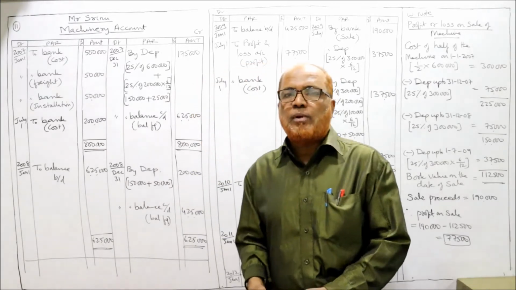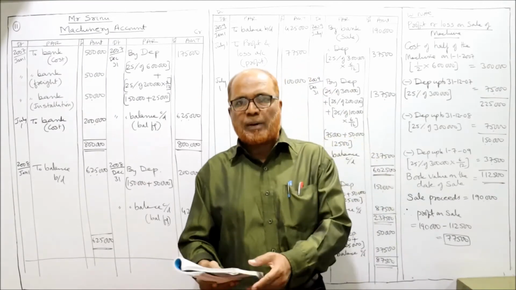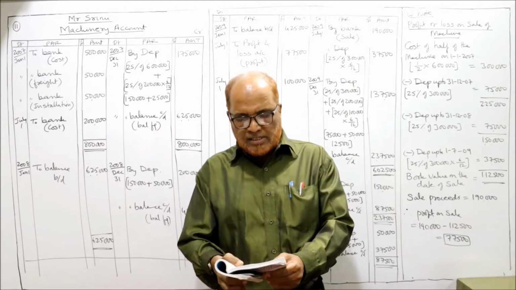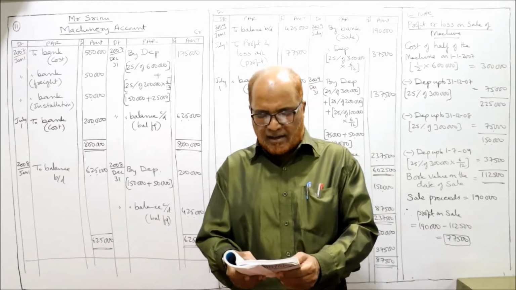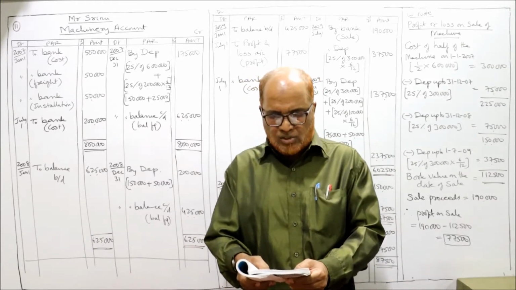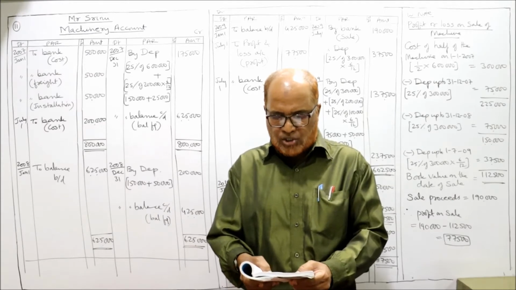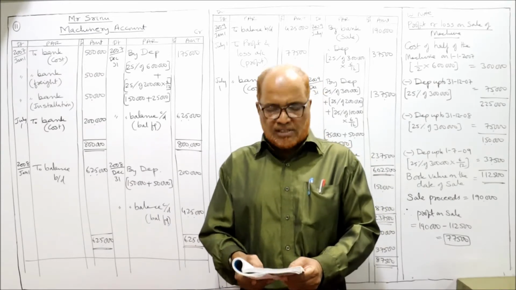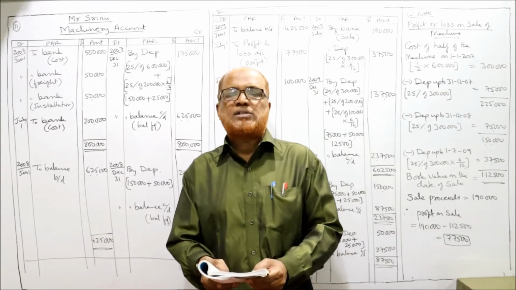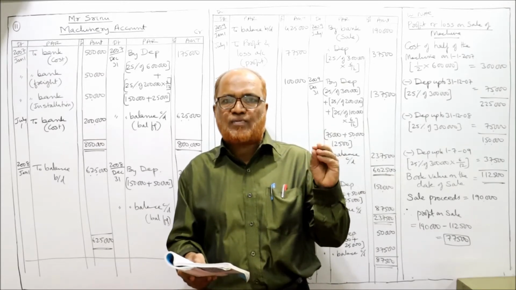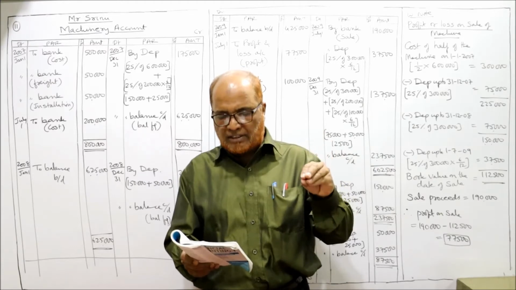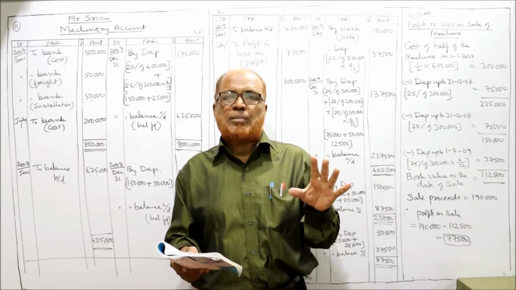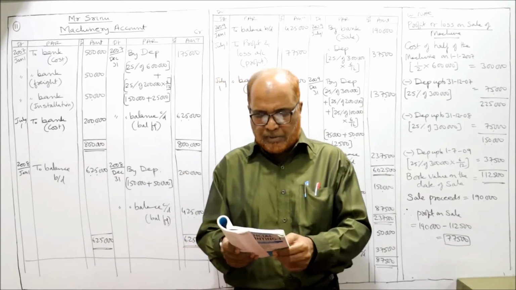Now I am reading out problem number 11. Mr. Srinu purchased a machine on 1st January 2007 for rupees 5 lakh, paid freight and insurance 50,000 and incurred installation charges 50,000. So the cost of the machine is 5 lakh, and freight, installation and insurance add up to 1 lakh, so totally the cost of the machine is 6 lakh rupees.